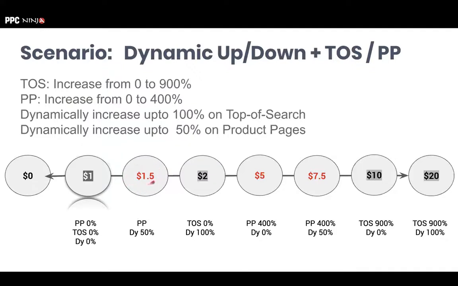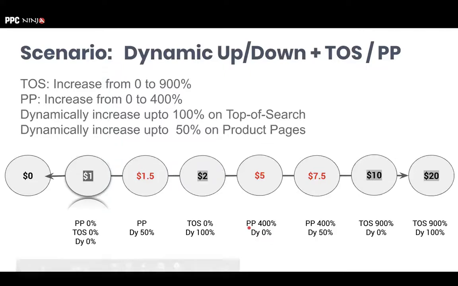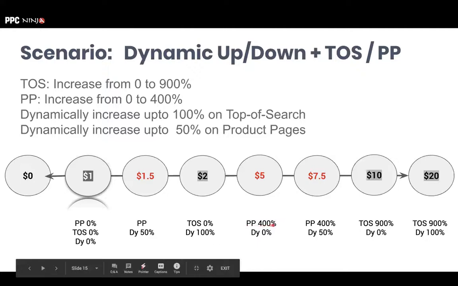So it can go up to 1.5, but then it could also go up to $5. When they don't see the likelihood of a change, they're just going to remain dynamic 0. But because you have the option of 0 to 400, if there are other competing products, you might actually spend up to 400%, which is $5.